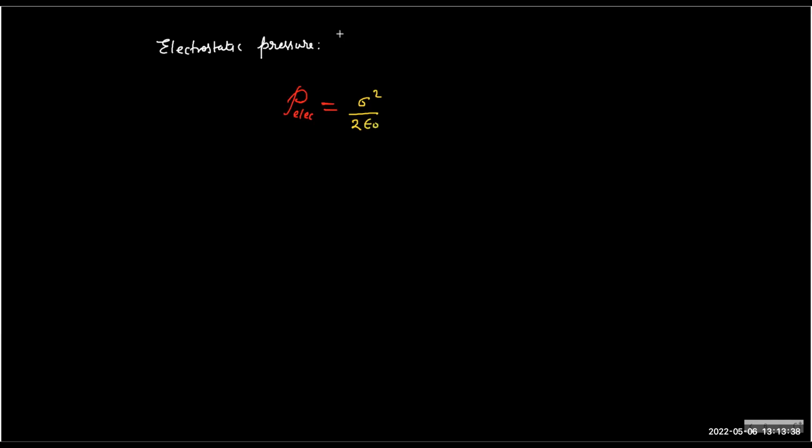So if you know the sigma, you can find the pressure at a given point, and if sigma is uniform, then we can say pressure is also uniform. If sigma is non-uniform, the pressure will be non-uniform. All right. Yes, sir. Okay.